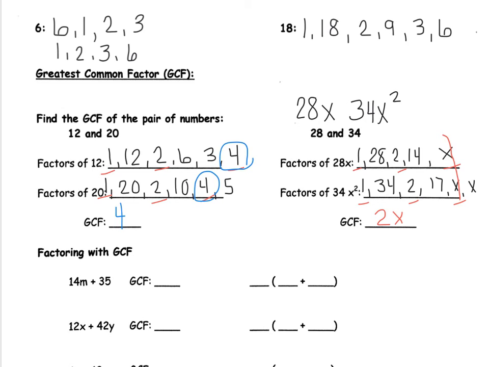Now what we're doing here is we're using our greatest common factor to actually factor. So I'm going to look at 14 and 35 in the next problem. And I'm going to ask myself, what is the greatest common factor of 14 and 35? If you have to list them all out, that's perfectly fine.